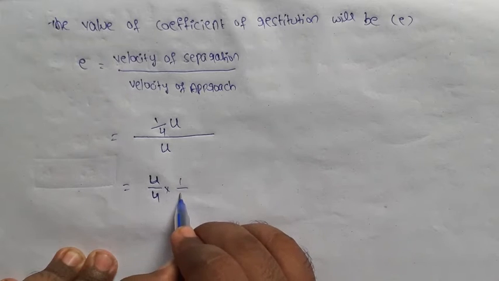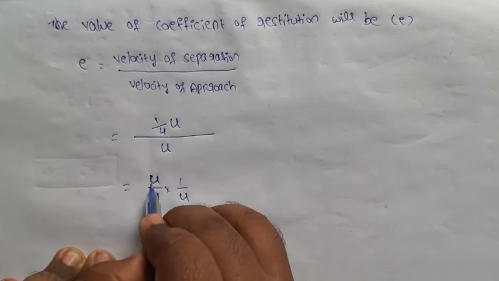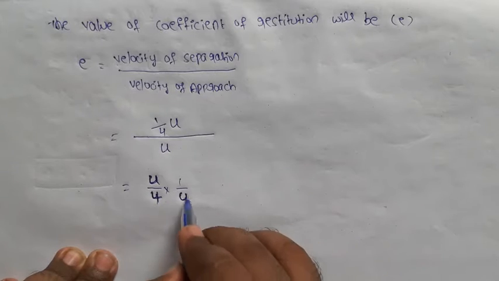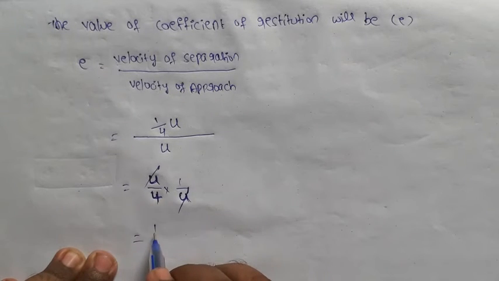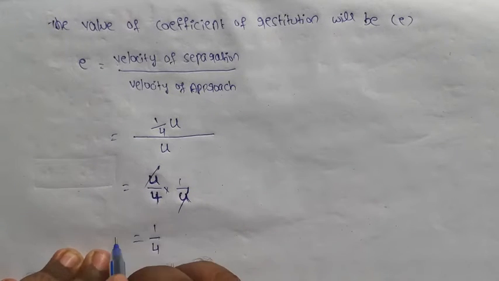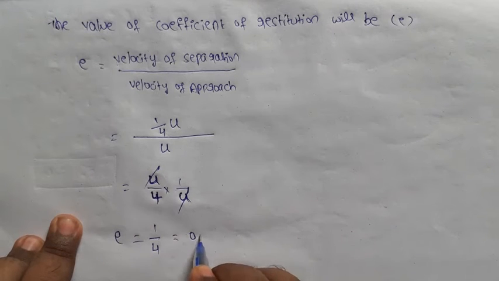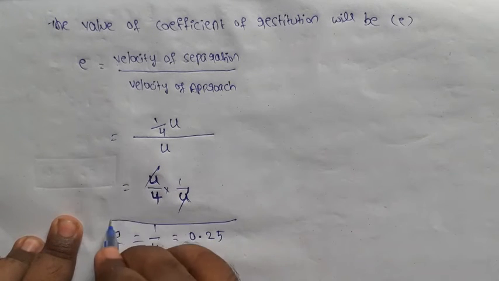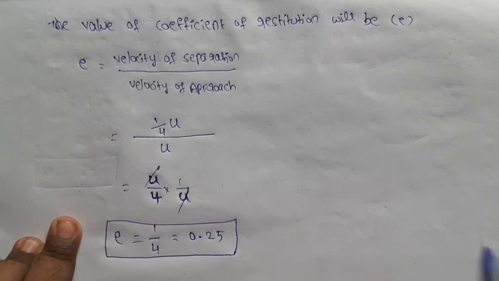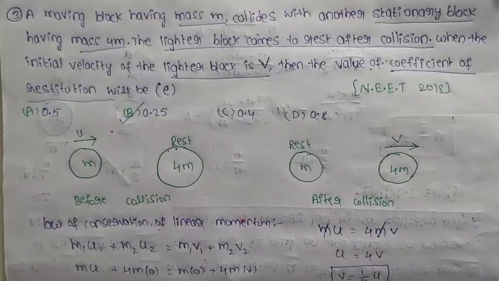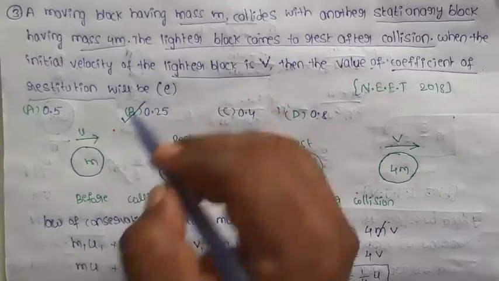So u cancels, giving 1/4. So the coefficient of restitution e equals 1/4, which means 0.25. Now see the options. Option B is the correct answer.